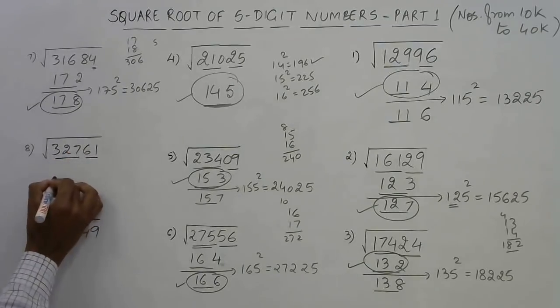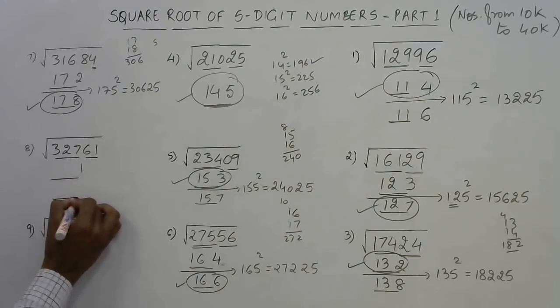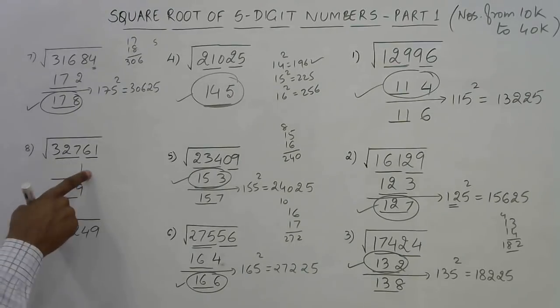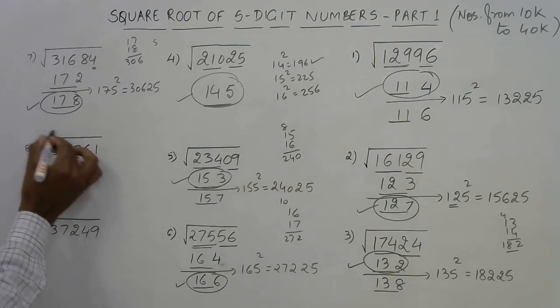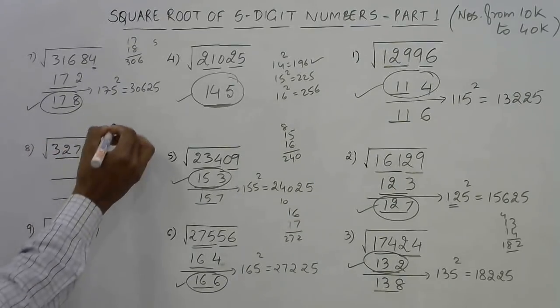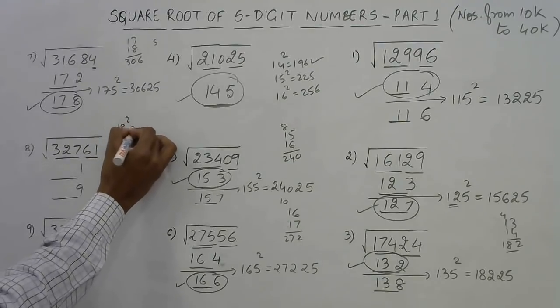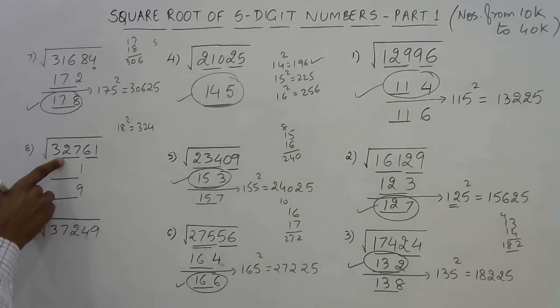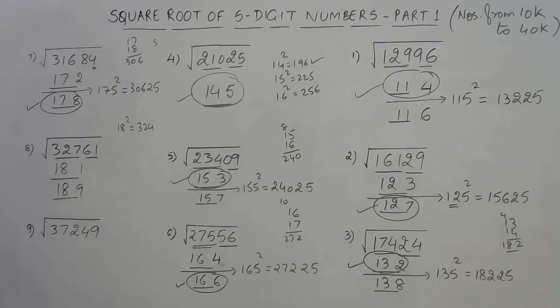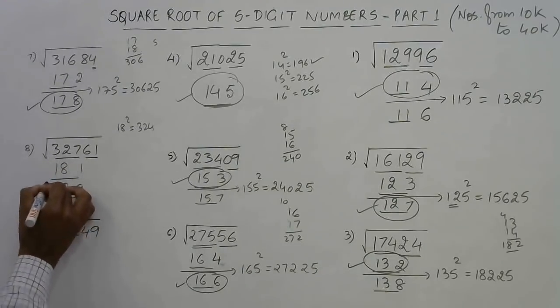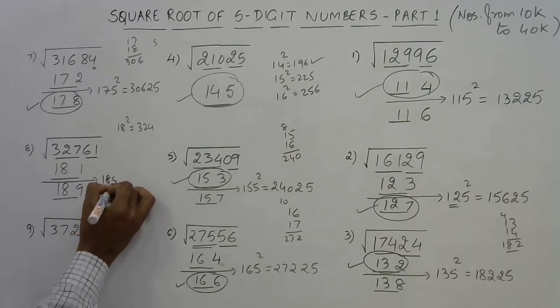When it ends with 1, our answer either ends with 1 or ends with 9, because 1 into 1 is 1, 9 into 9 is 81, ending with 1. Now 327. I already told you 18 square is 324. It is just below 327, so it has to be 18 here. So answer is either 181 or 189. Take the intermediate number 185.